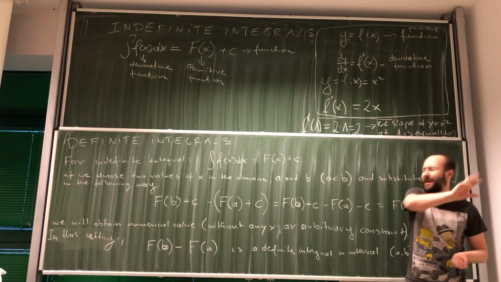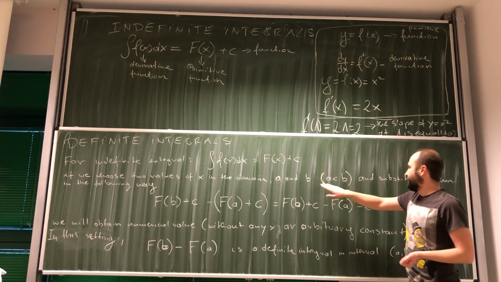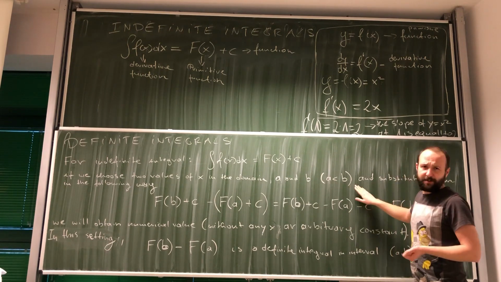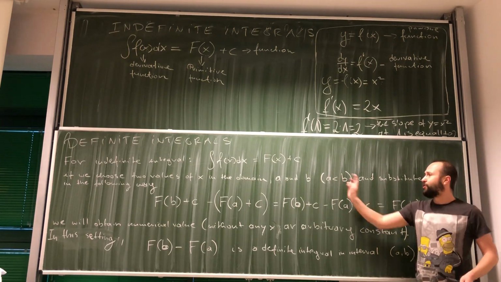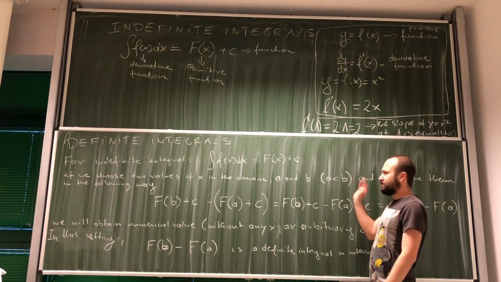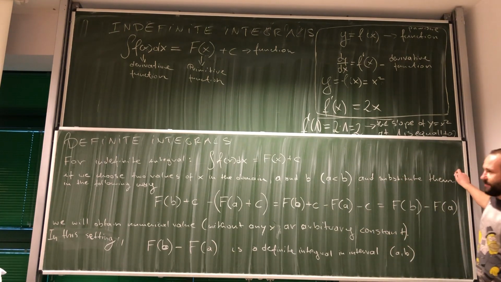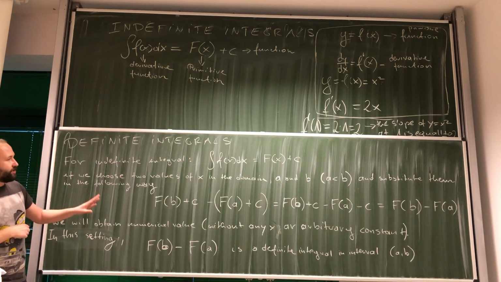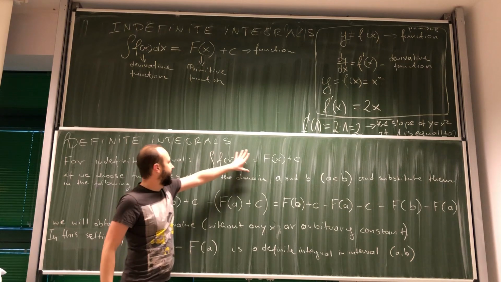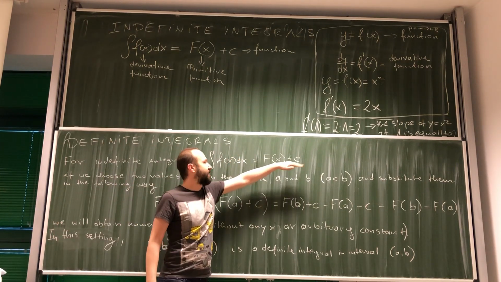They have specific names, but I'm going to get to this a little bit later. A and b, where a is lower than b. It doesn't need to be the case always. We will actually discuss what is happening if we reverse their order, but let's stick with this for now and substitute them in the following way. What we're going to do is calculate the indefinite integral, capital F of x plus c.